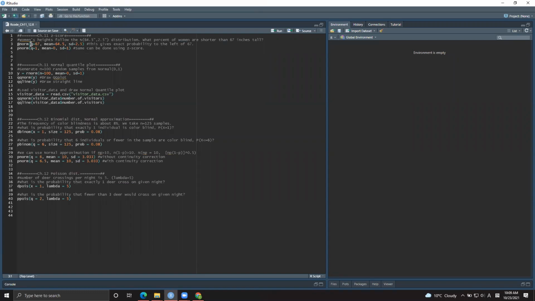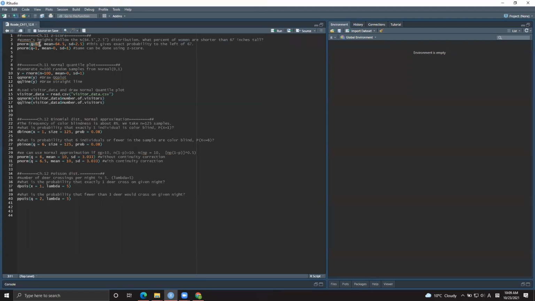So the area under this normal curve to the left of this q value will be computed. And that's exactly what we are looking for in this problem: the probability of X less than 67.